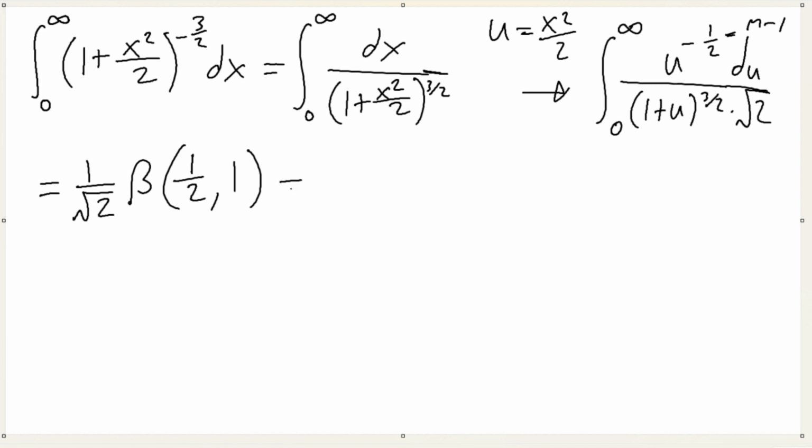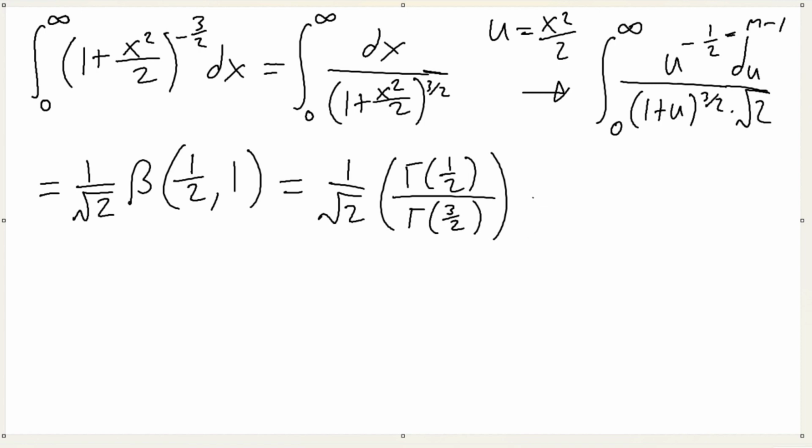Thank God, this is not as bad. So in that case, we have 1 over root 2, we have gamma of a half, we know gamma of 1 is 1, and the gamma of 3 halves. Again, we can't put this in factorial form because these are not non-negative integers.